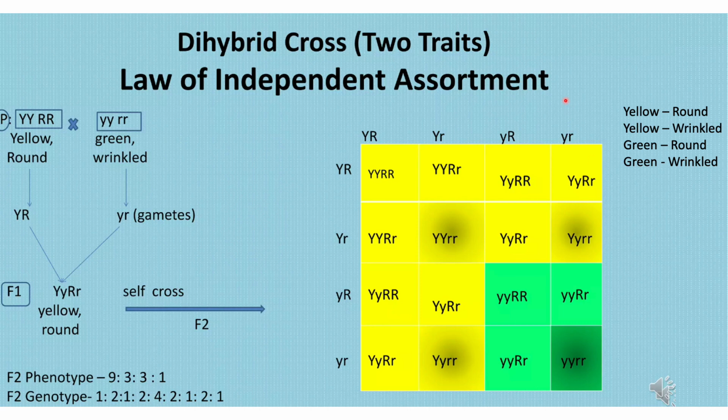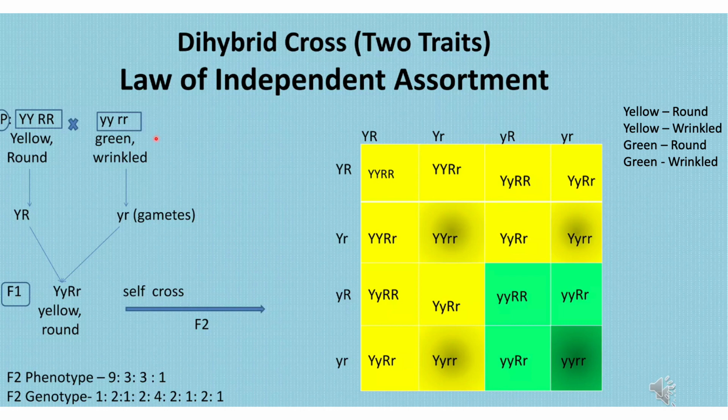Let's look at an example of the mentioned dihybrid cross to understand independent assortment where two traits are observed. So let's consider two parents, one with yellow seed color and round seed shape represented by capital Y and capital R, and another parent with green seed color and wrinkled seed shape represented by small y and small r respectively.